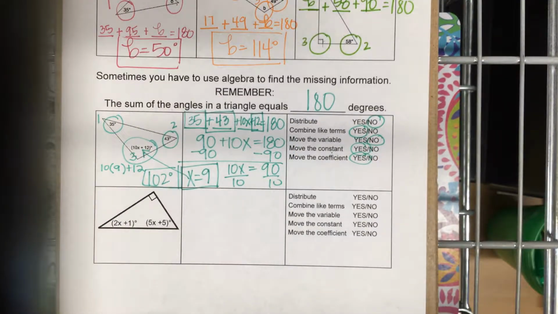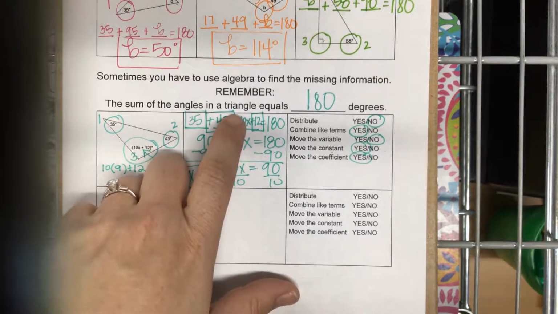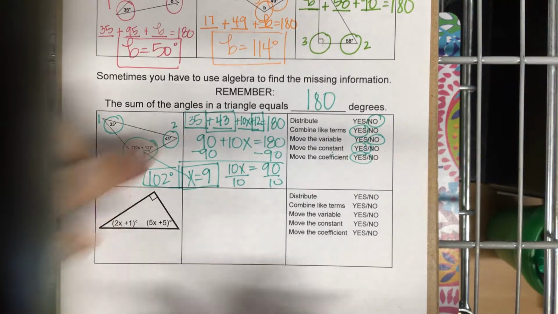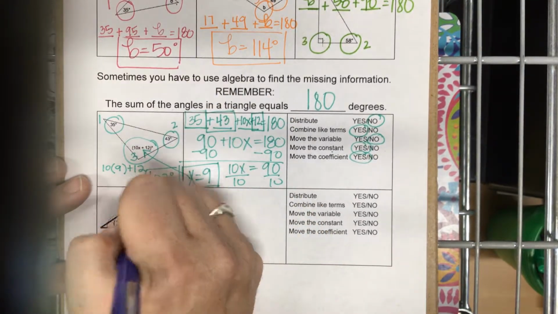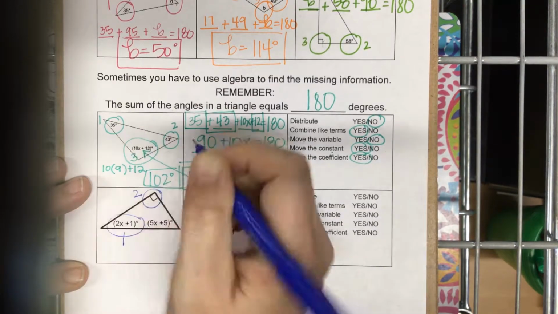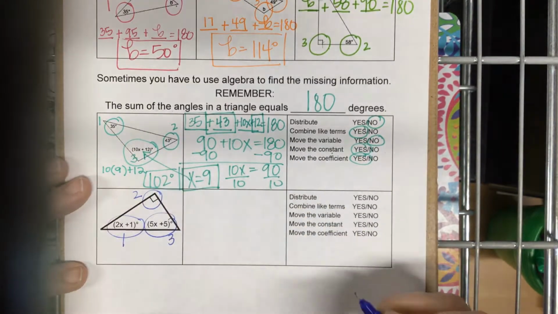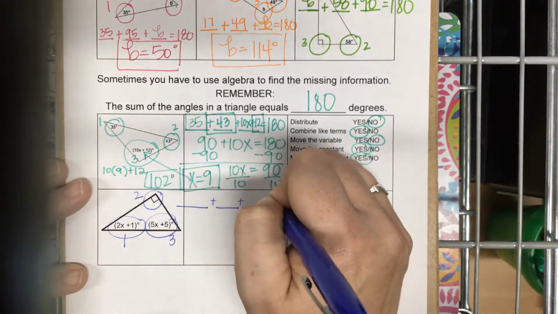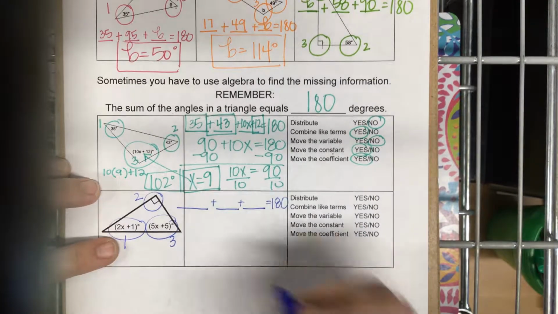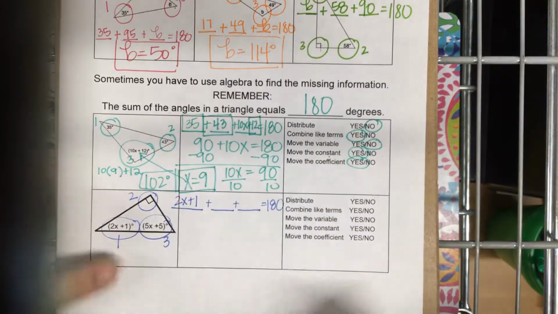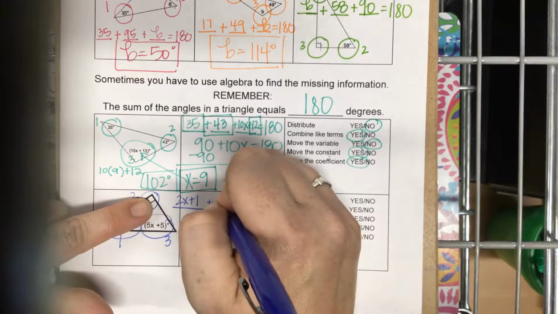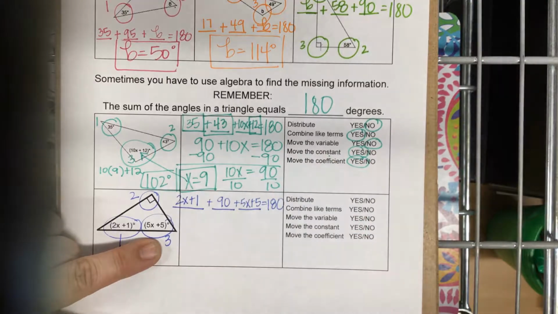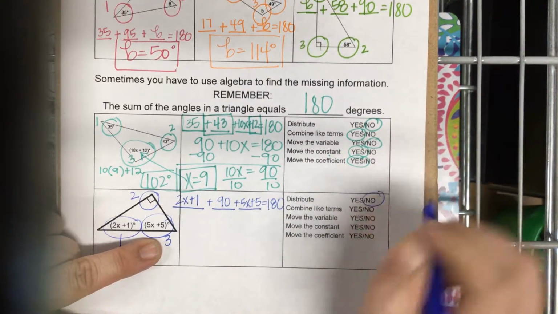Let's try the next one. Again, remember, the sum of all three angles in a triangle, when you add them together, is 180 degrees. So angle 1 plus angle 2 plus angle 3 equals 180 degrees. This angle is 2x plus 1, this angle is 90, and this angle is 5x plus 5. Do I need to distribute? No, there are no parentheses.